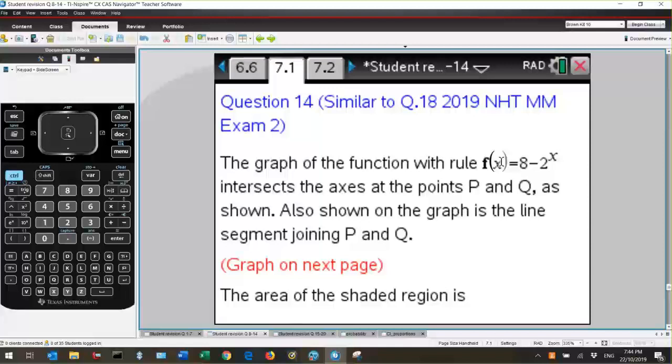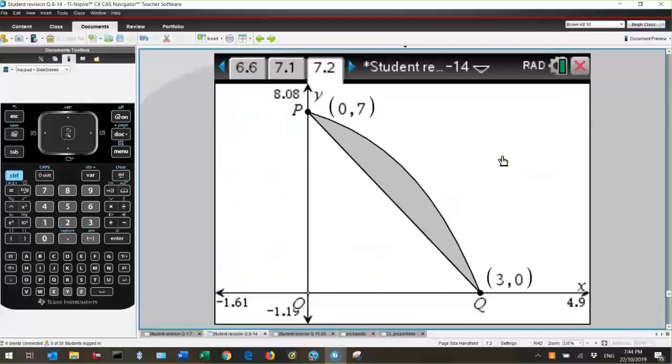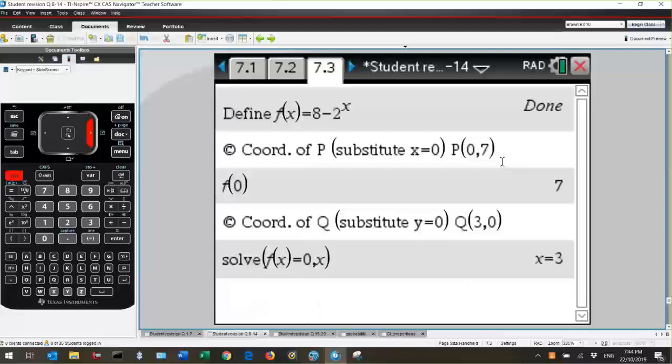Okay, so that's easy enough to do in your head. However, you can use Nspire if you want to make absolutely certain. So substituting, having defined the function, substituting x equals 0, and then solve f of x equal to 0, and you get your y and x intercepts.